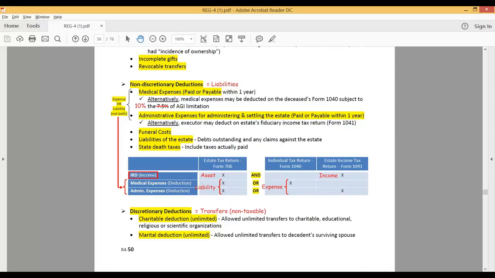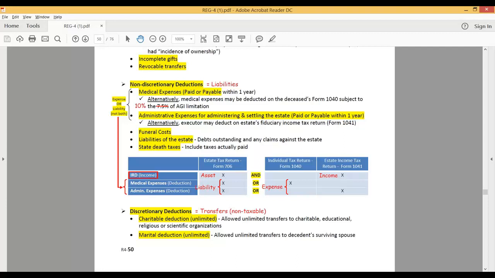So this table is very important, guys, on page R050. So look at this IRD income. We talked about it, right? It's subject to double taxation. It goes on the estate's tax return, Form 706, as an asset, a receivable. It also goes into the income tax return on Form 1041. Now, if you look at medical expenses, we said in 706, it's a deduction.